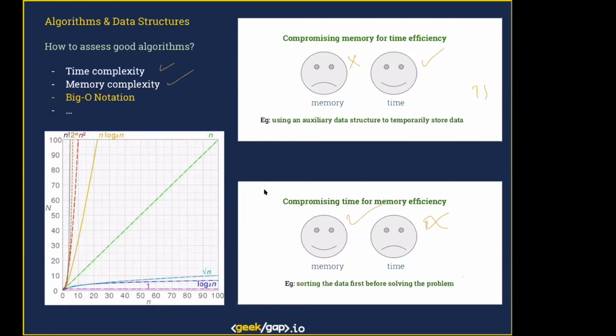On the other hand, for some problems, in order to solve the problem efficiently, memory-wise, you have to sort the data first. And sorting, like we will see in one of the subsequent webinars, is an n log n problem. So if you want to save memory, you may want to sort the data first in order to achieve that. So you have to compromise, literally.